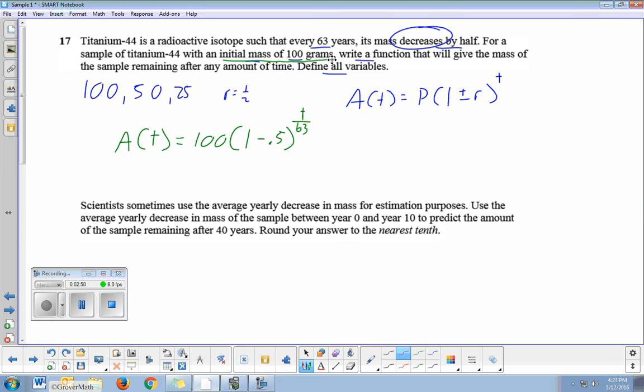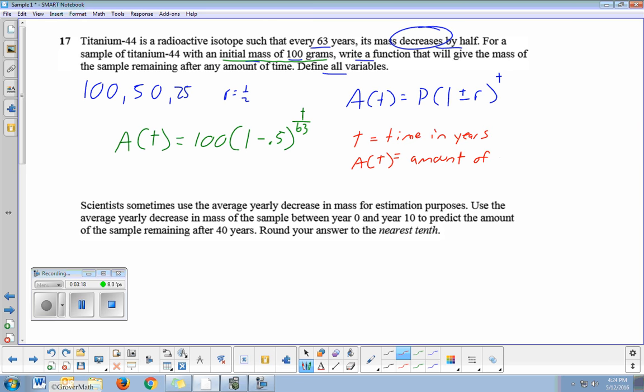Now, they say define all variables. There's not a lot of variables to define, except that we're saying t equals time, that's another ugly letter there, time in years, and A of t is the amount of the titanium-44 remaining.